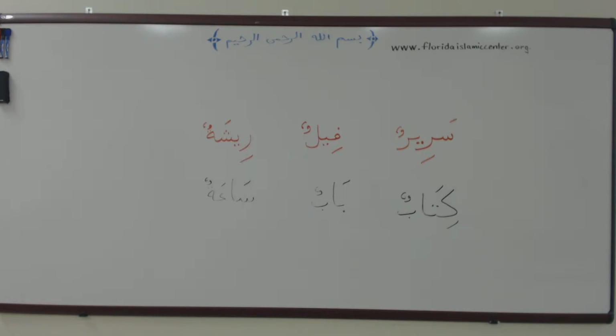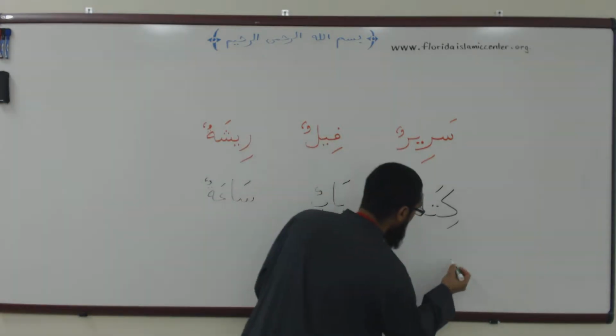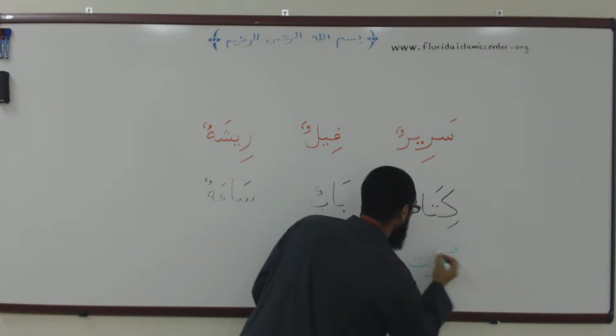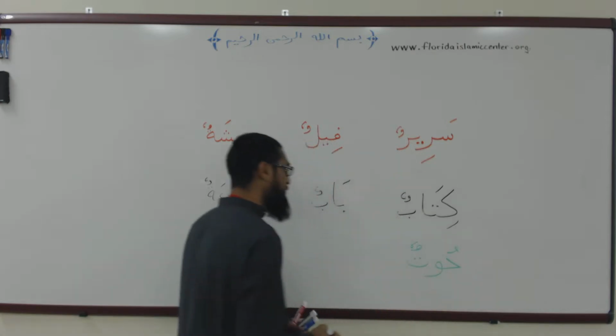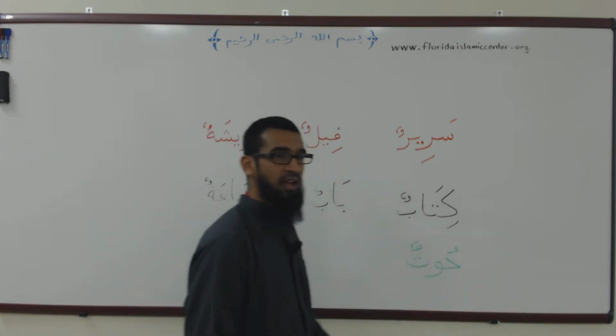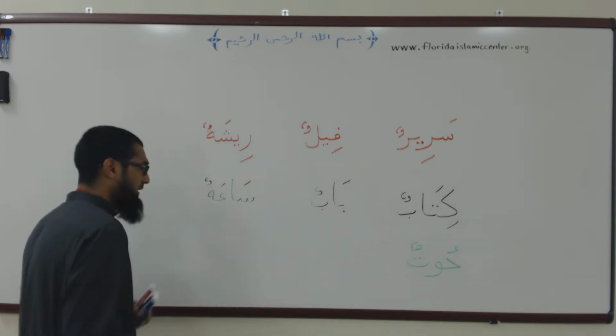Hutun. Yeah, what is a hutun? A whale. Hutun, right? So which letter is elongated there? The ha. Hutun. Okay, what else?